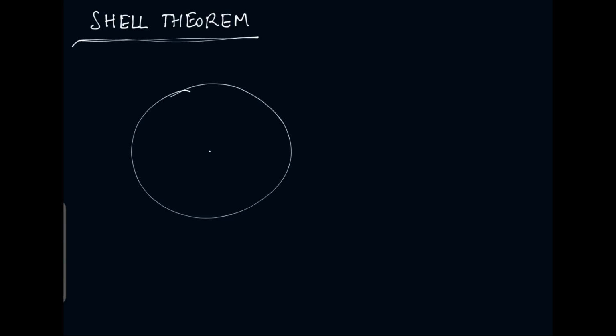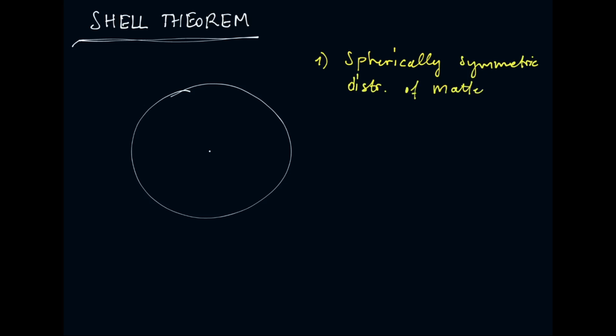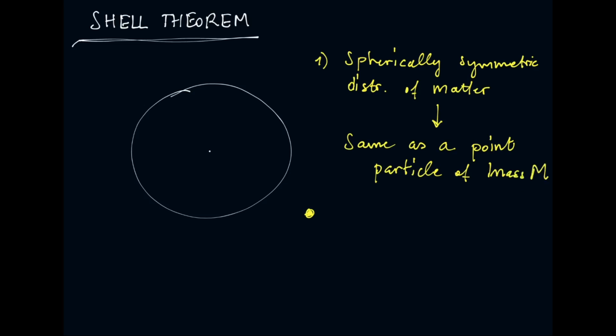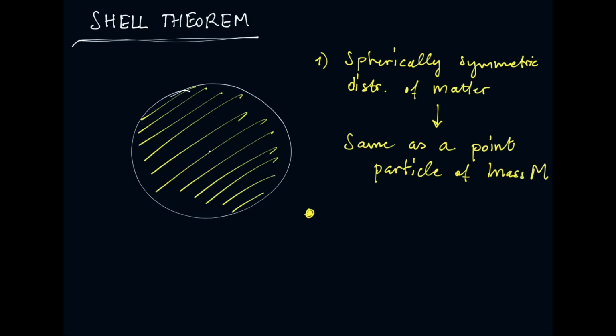The two main results of this theorem are that, one, a spherically symmetric distribution of matter has, as a gravitational effect on an object outside it, the same effect as a point particle of mass equal to the total mass of this spherically symmetric distribution located at the center.